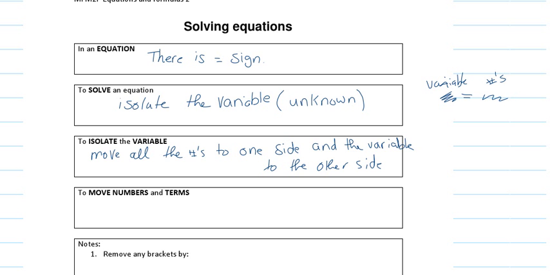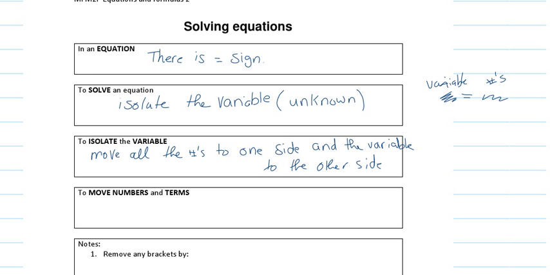When you're moving your numbers from one side to the other, you're going to have to do what we call the opposite operation. So what do I mean by opposite operation? Let's say I have an operation of addition, and I want to move it from one side of the equality to the other. What's the opposite of addition?